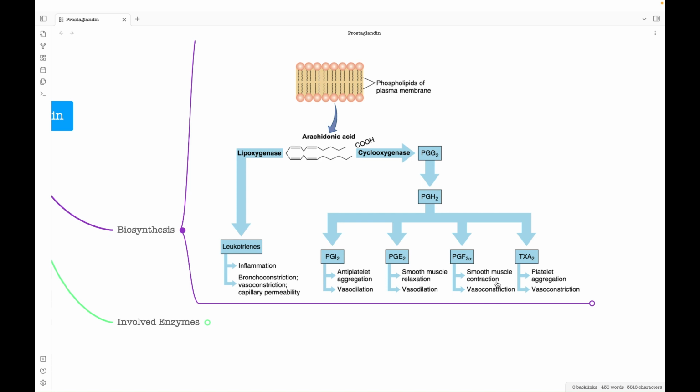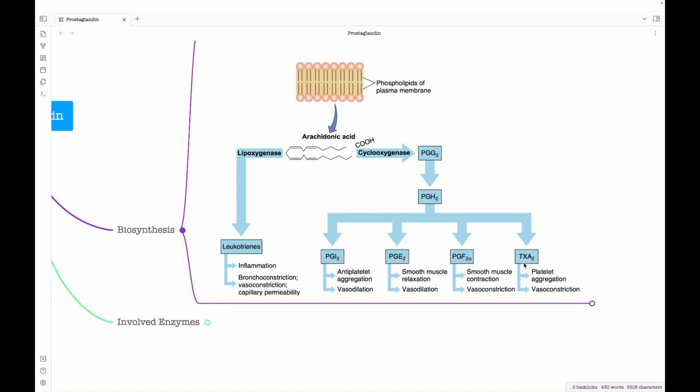So different types of prostaglandins are associated with different types of functions. There may be some complementary functions, there may be some opposite functions. PGI2 and PGE2 have complementary functions, that means both of them are associated with similar function, but PGF2 alpha is associated with a completely opposite function, that is vasoconstriction.